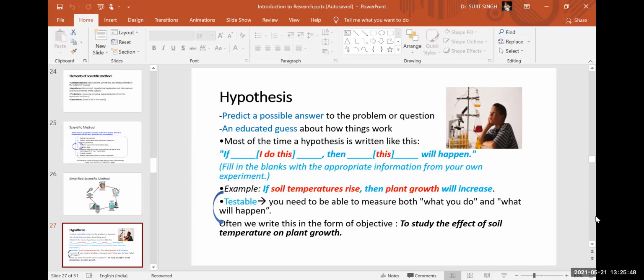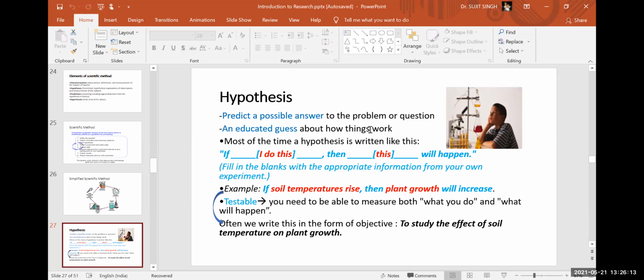What kind of guess? Based upon some intuition, knowledge, or expertise you have in your field. This kind of guess is known as an educated guess. Not a random guess. There is some education behind it, some background you have in that area.